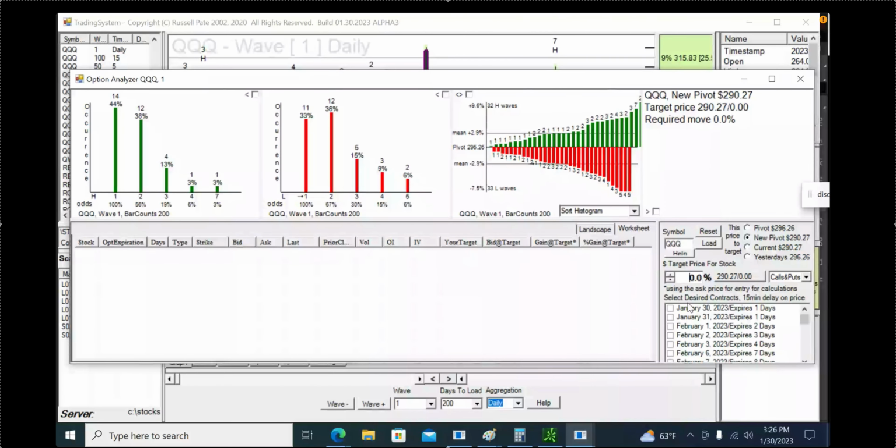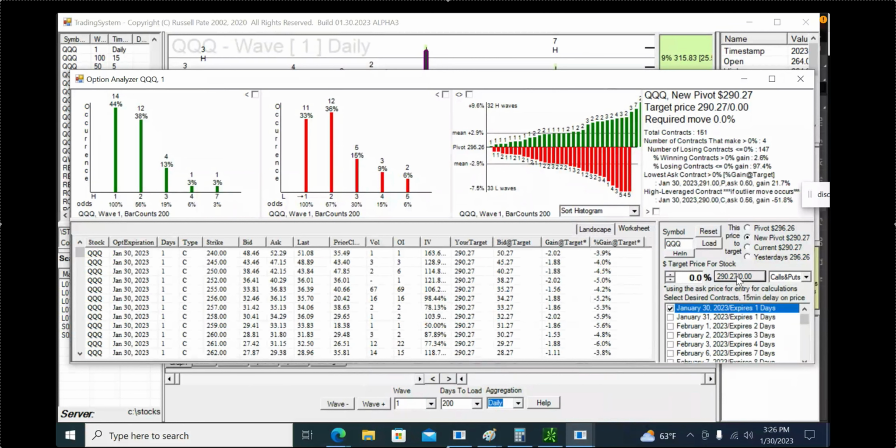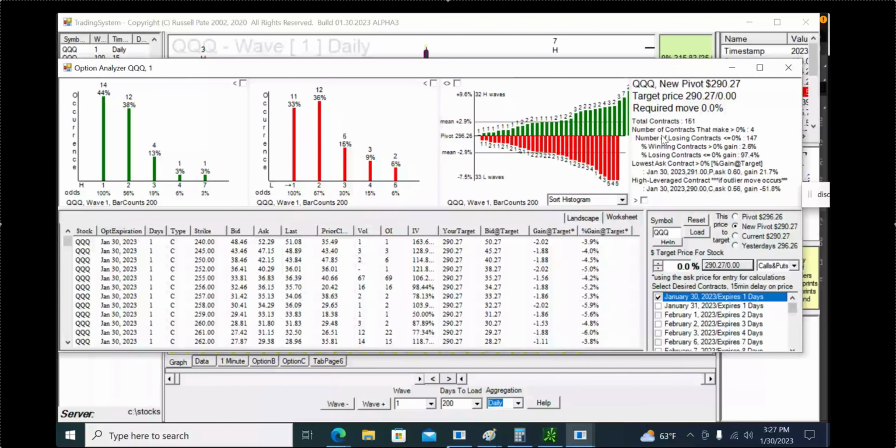So let me pull it up for the 30th. I'm pulling it up right now. Okay, so at close, I don't know if you see my screen. Okay, see it says total contracts 151. So there's 151 contracts in here, both puts and calls.